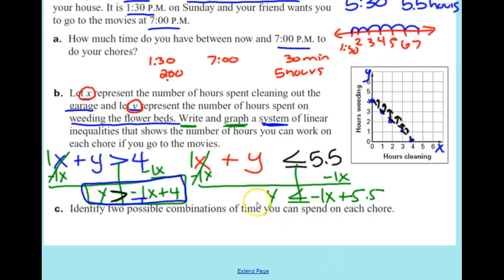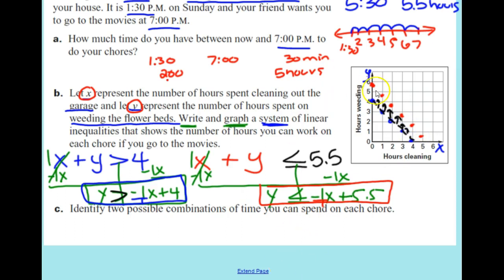And if we graph this second one here, we're beginning at 5.5. Our slope is also down 1 and 1 to the right. So down to 4.5, 1 to the right. Down to 3.5, 1 to the right. 2.5 to the right.